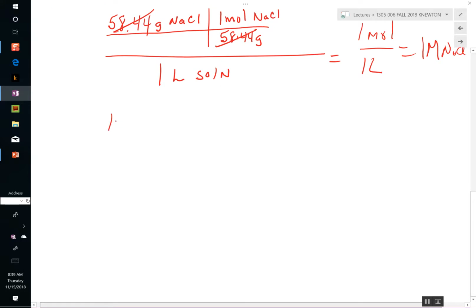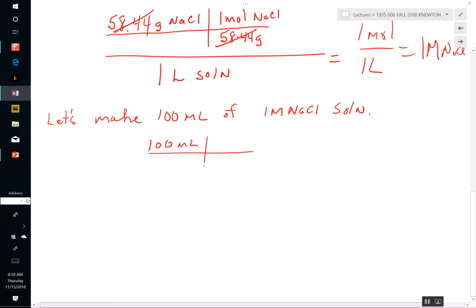Well, let's make 100 milliliters of a 1 molar sodium chloride solution. 100 milliliters is 1/10 of a liter.